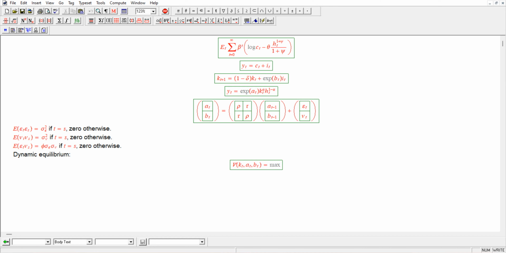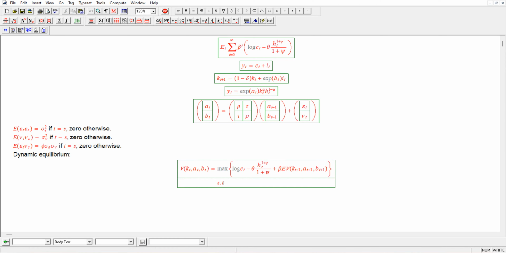They're going to maximize their utility in this period plus the expected discounted utility of this value in the following period. Subject to all of the above constraints.